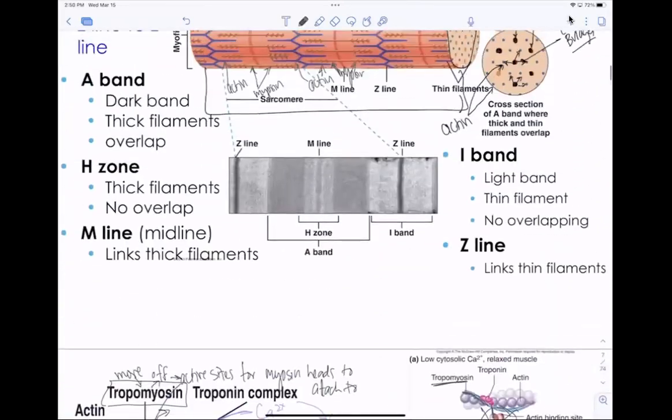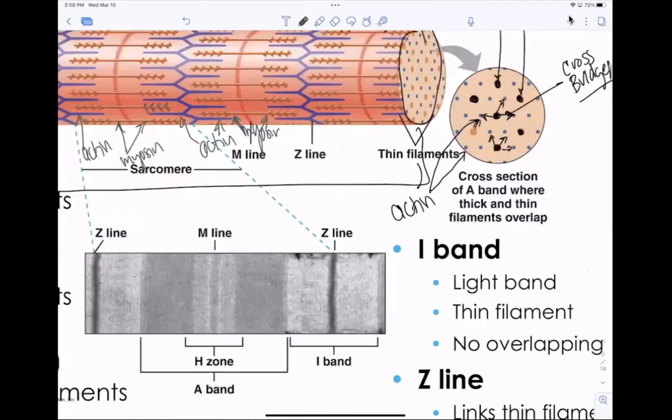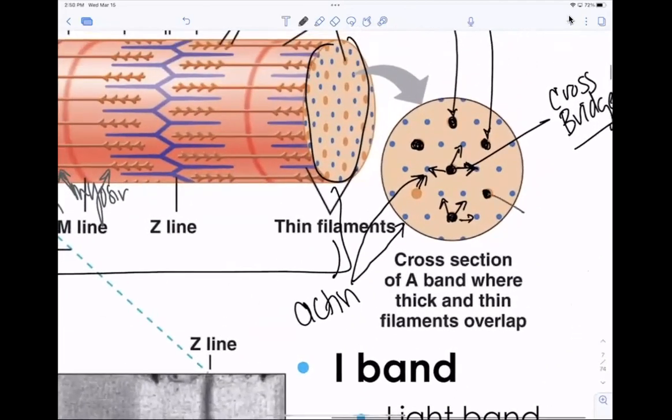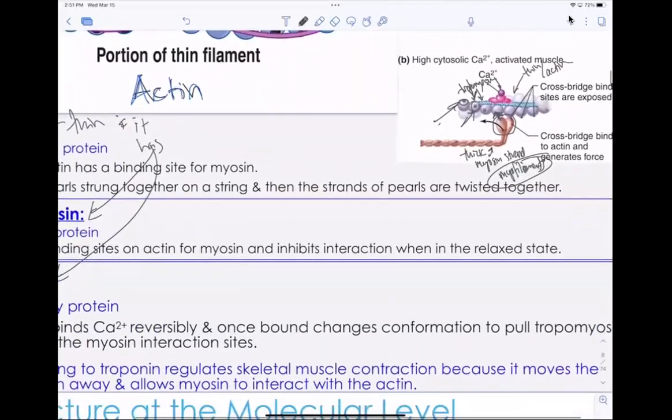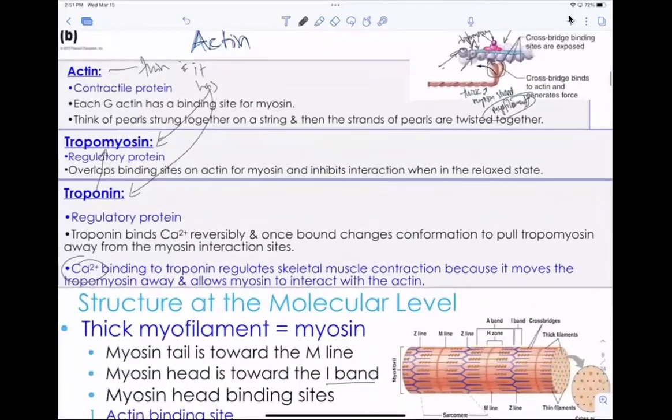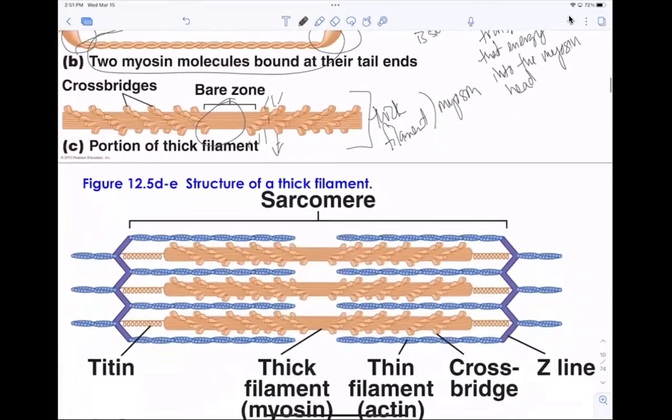So think back to this picture, right? If all these are myosin, they're all going to have heads sticking up in all the different directions, and they can glom onto all those different actin strands in 360 degrees. So that's a thick strand.